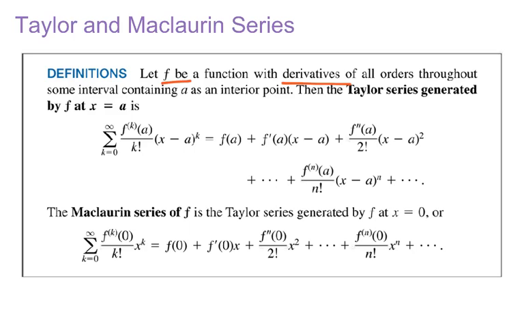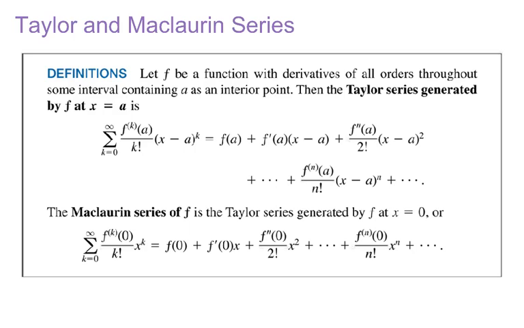And you can still take the derivative of that constant, right? So it's infinitely differentiable, a lot of these polynomials, which was something important about our power series. But we have a function with derivatives of all orders throughout some interval containing this a value at some interior point. So the Taylor series is generated by summing all of these derivatives.